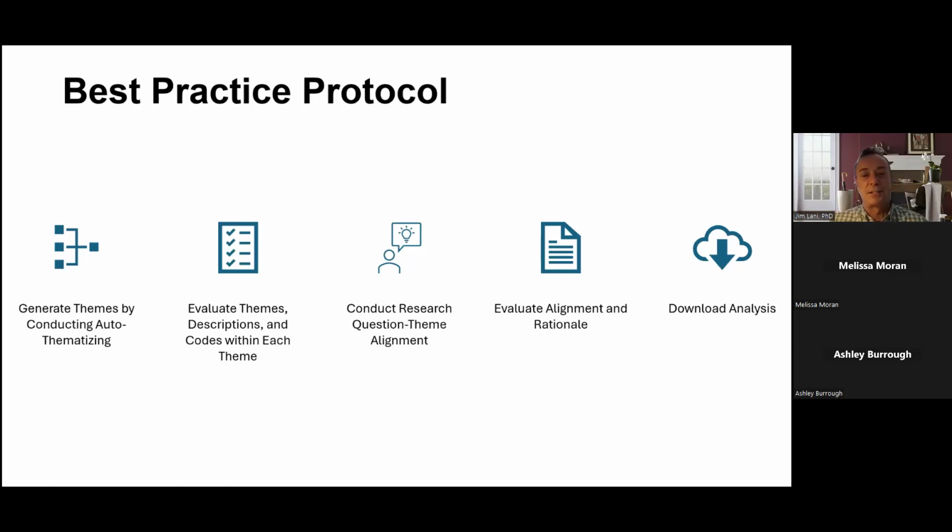So that's the thematizing process. Then we've done something unique, which is to tie those themes, however they were derived, to the research questions. It's another unique part of the tool: I didn't just thematize these for the heck of it.